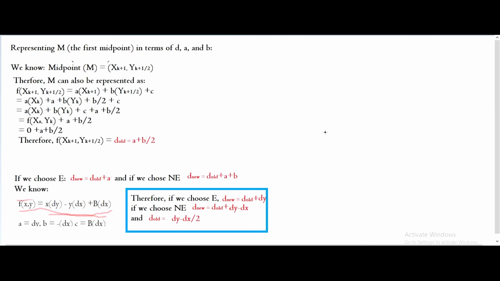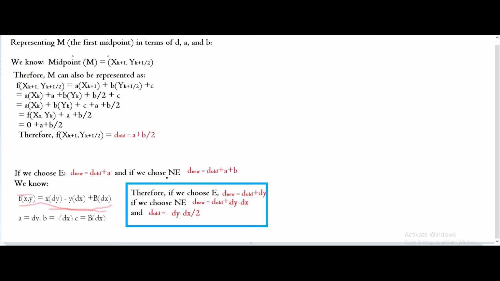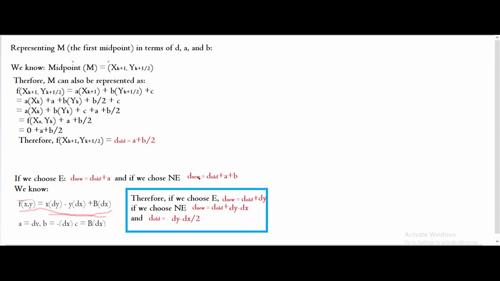Okay, so we've represented the value of D if we choose E. We've represented our value of D new if we choose NE. So let's do the same thing for our old value of midpoint.